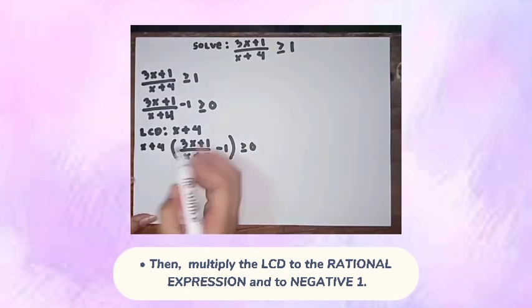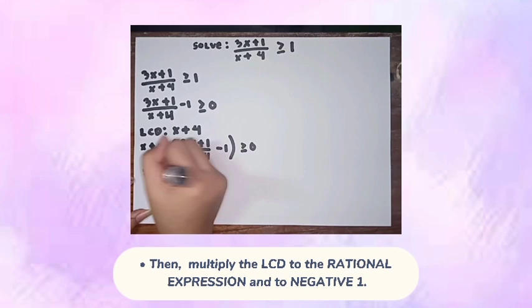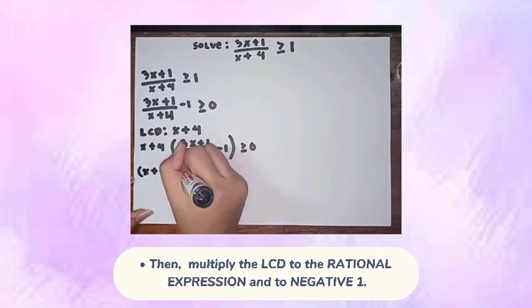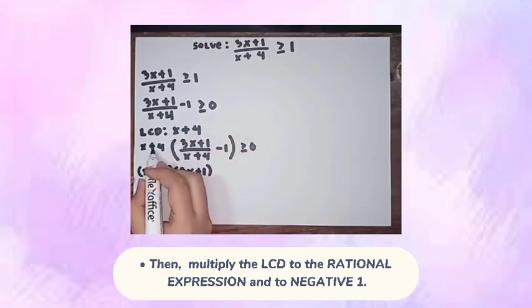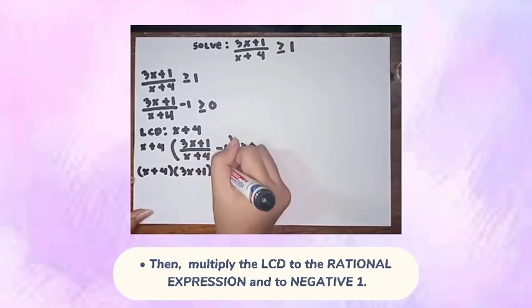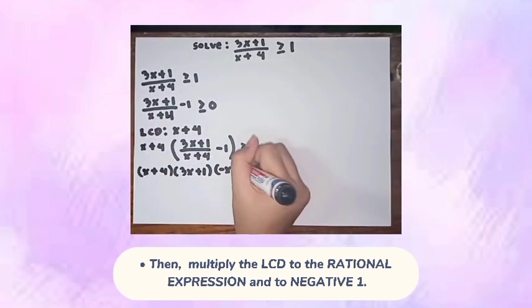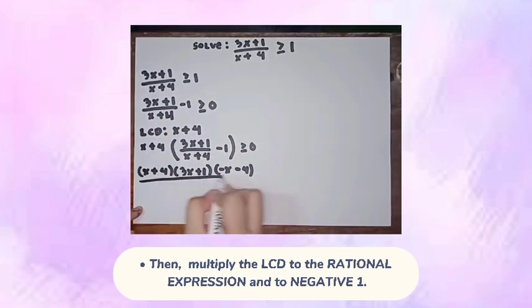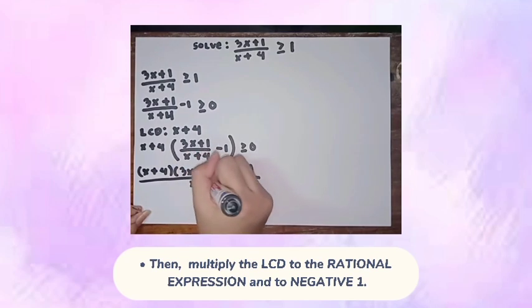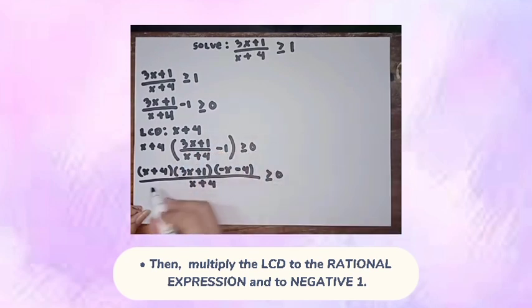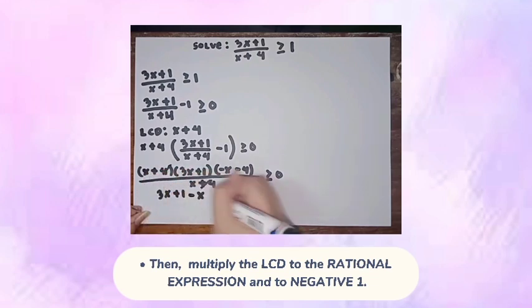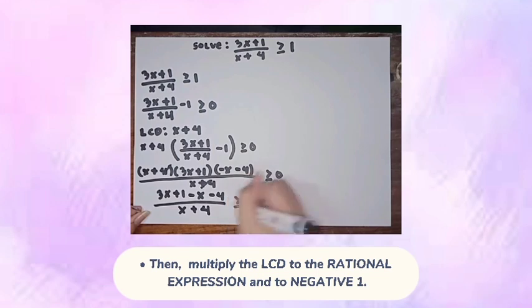X plus 4 times 3x plus 1, x plus 4 times negative 1, negative x, negative 4, over x plus 4 greater than or equal to 0. Since they're similar, we can just cancel them out. We have 3x plus 1 minus x minus 4 over x plus 4 greater than or equal to 0.